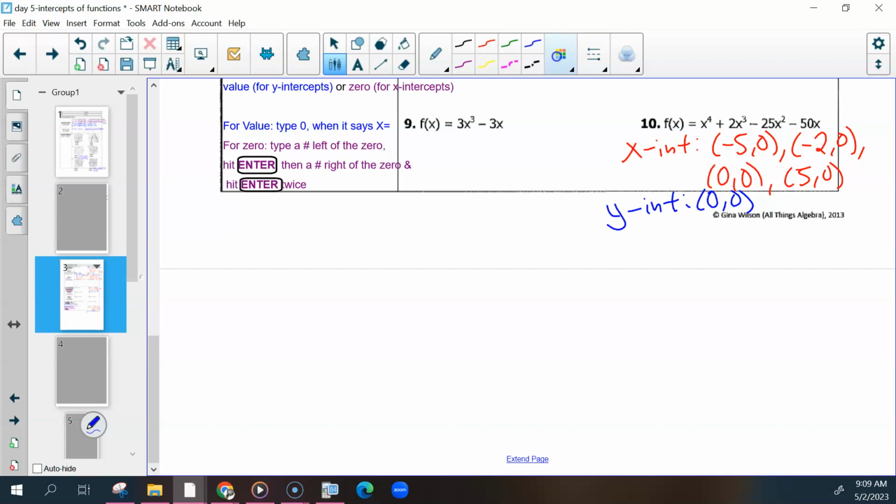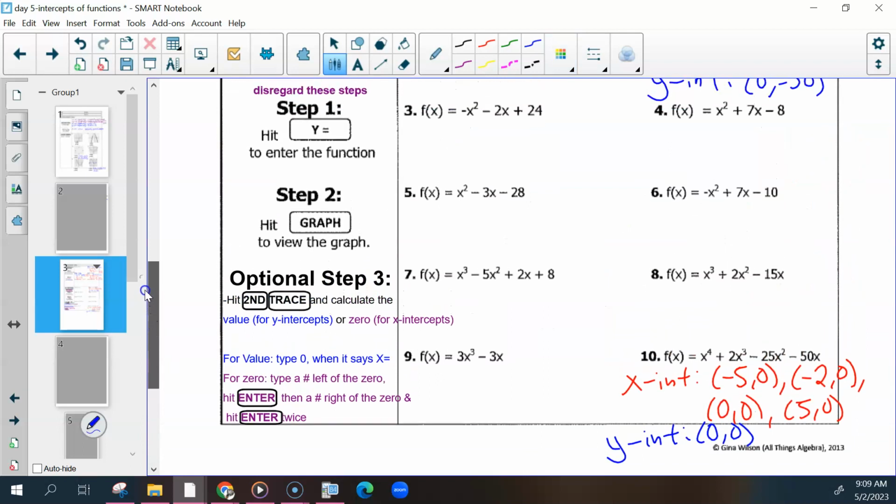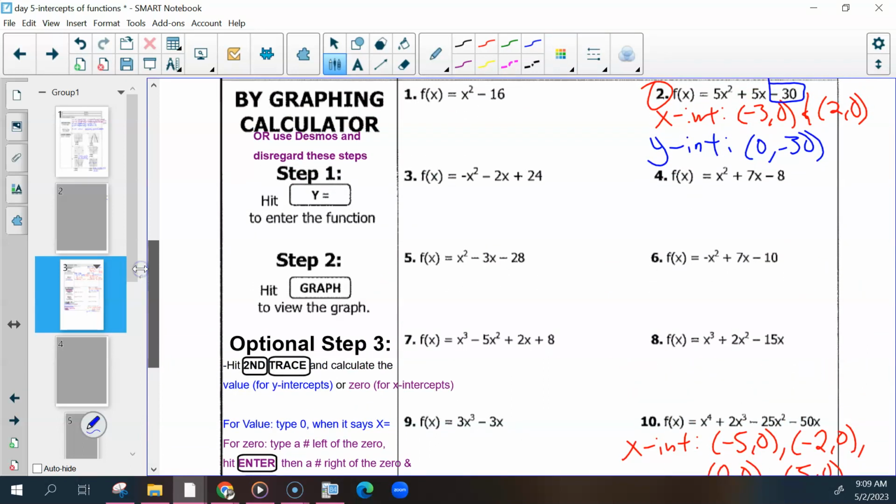Any others we want to see on the calculator? And then go on to the next page.